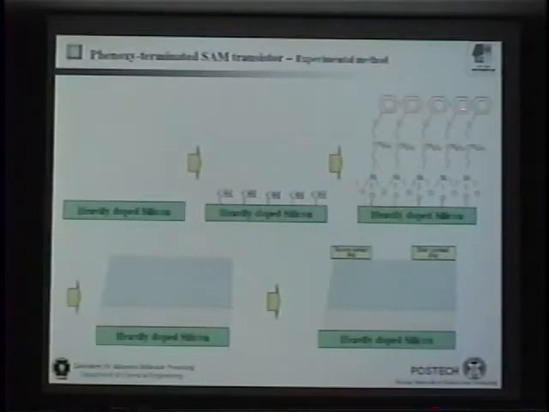Here they argue that they have a benzene ring at the end of the molecule, and then they deposit pentacene. Pentacene has 5 benzene rings, so they argue that they have a very nicely compatible interface, and they just use this molecule as a gate dielectric, deposit pentacene, and then make a transistor.